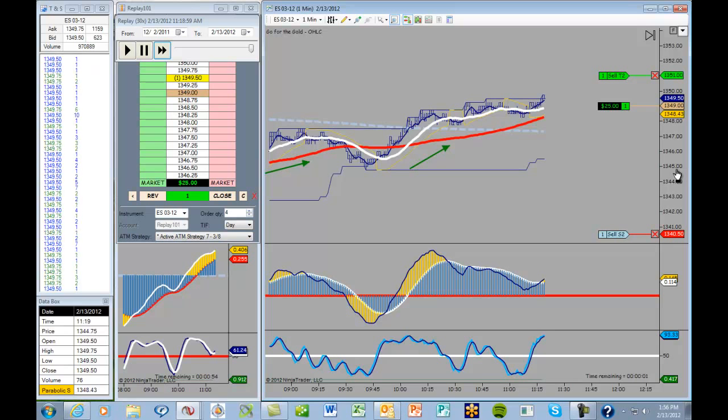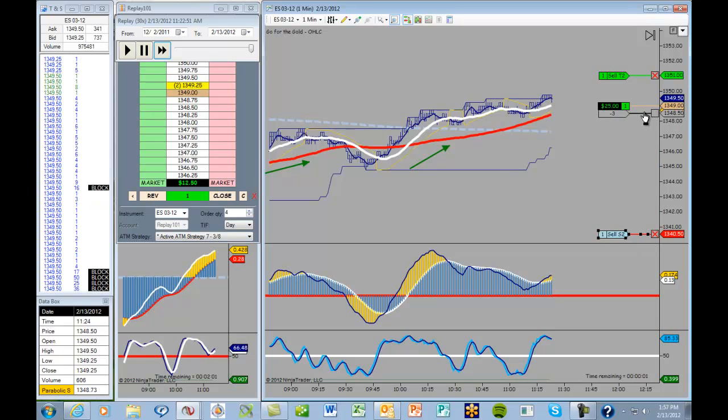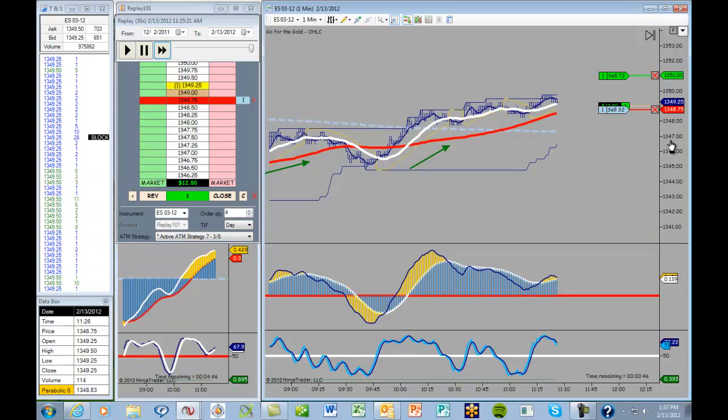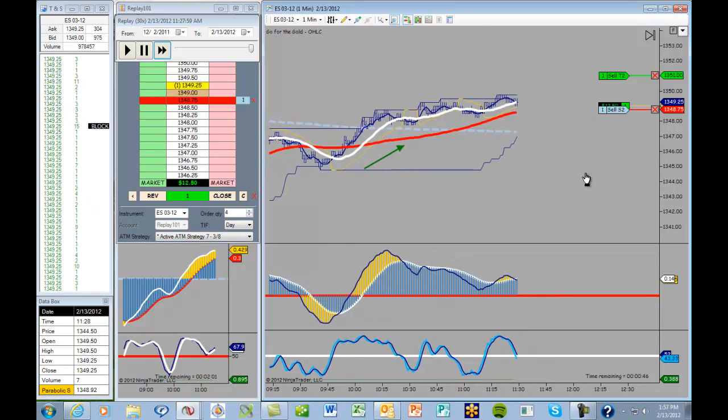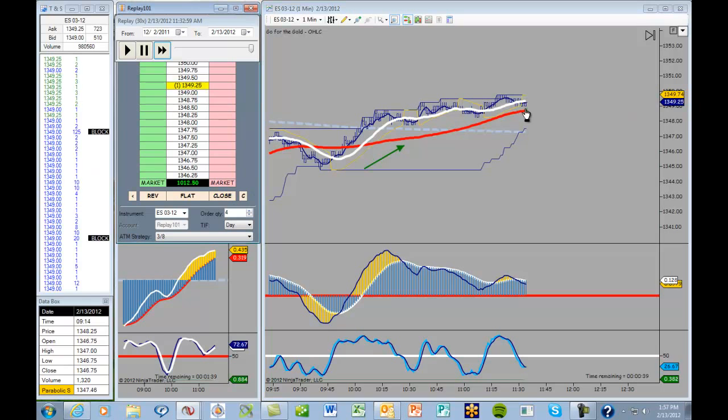All right, we took out the target, but we didn't go the extra tick to move the stop, so I am going to manually do that. Okay, we would have been stopped out there.